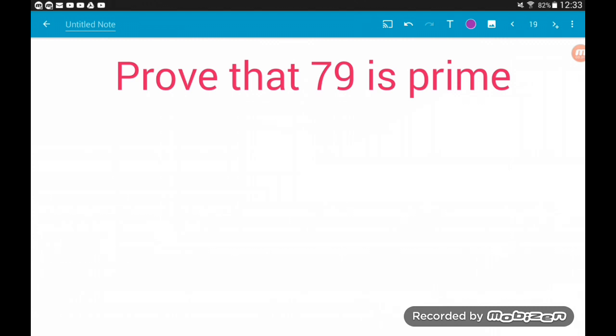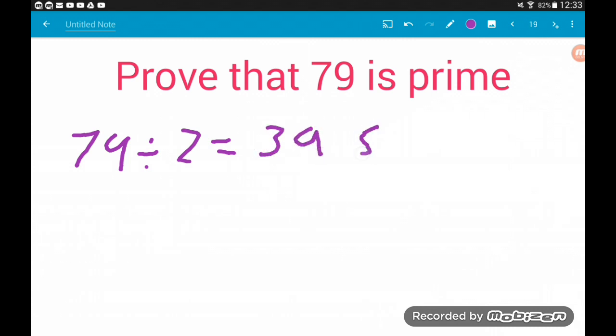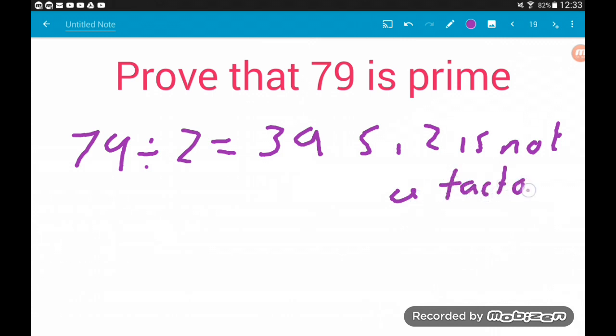Let's try 79 divided by 2. So let's see if 2 is a factor. So 79 divided by 2 is 39.5. So 2 is not a factor. What does this mean?